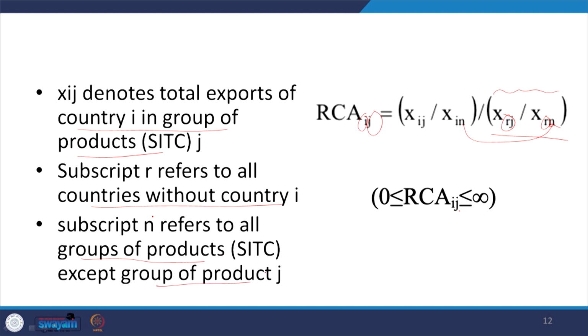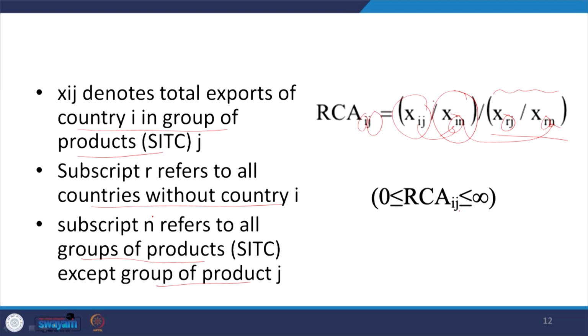Okay, so what happens? This is basically country I for a particular product J, out of the total exports of that particular country, other than that particular product.